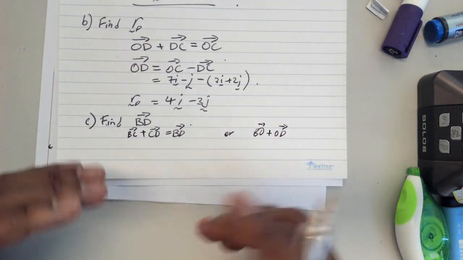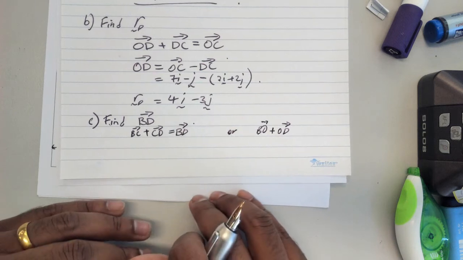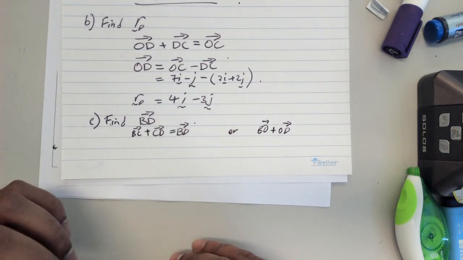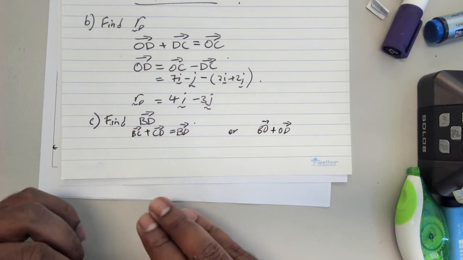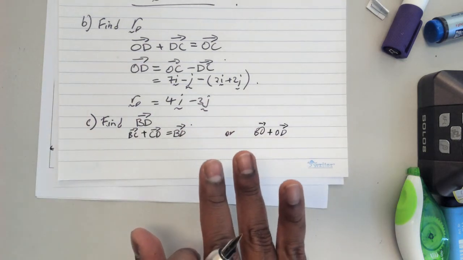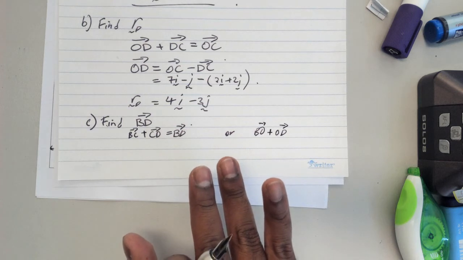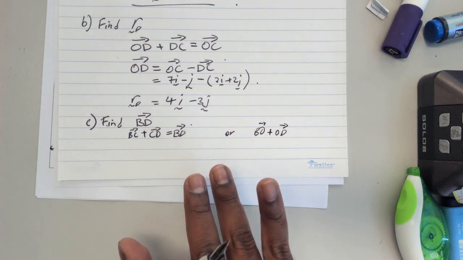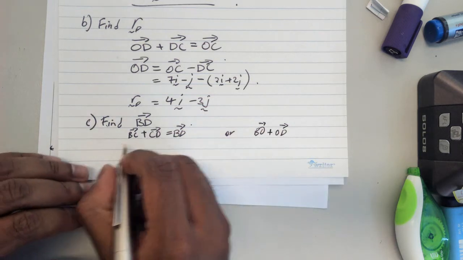Two different methods, and both will give you the same answer. You have to be able to understand both methods. If you're not sure how I got either one of these, can you put your hand up? Good? Okay. So we'll start with this one.